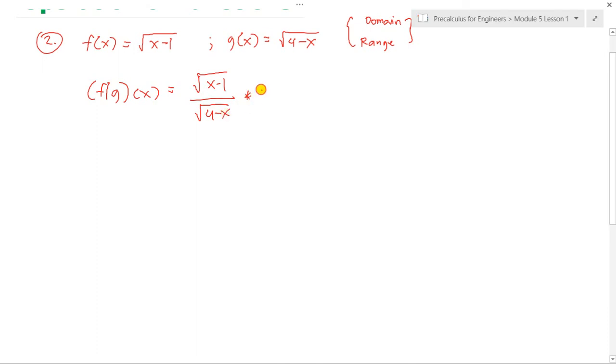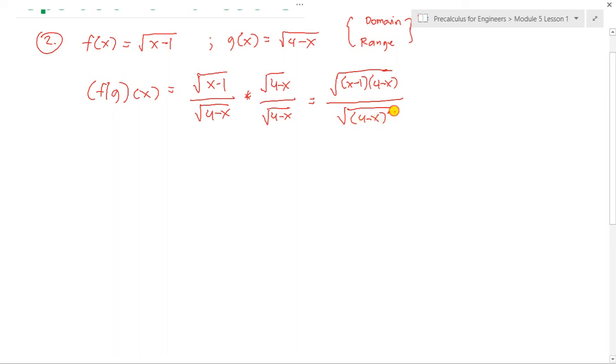So we multiply by the square root of 4 minus x, so that the 4 minus x in the denominator will cancel. So we now have the square root of x minus 1 times the square root of 4 minus x. Sorry, I erased it. So we have here 4 minus x, and since we multiplied the same term, this should be equal to 4 minus x squared.